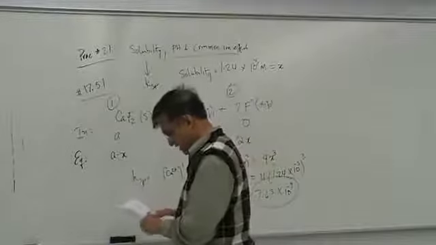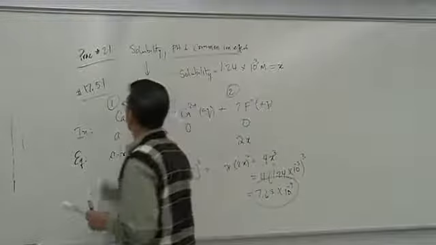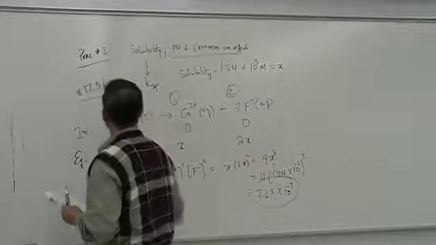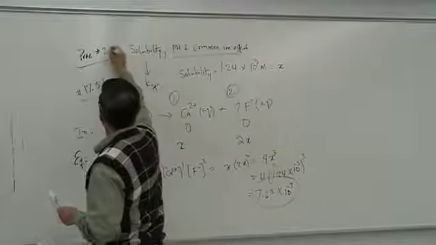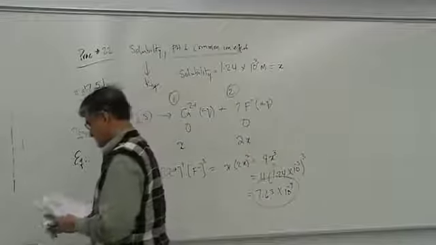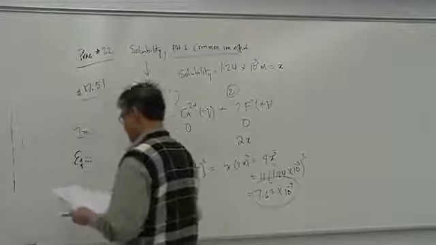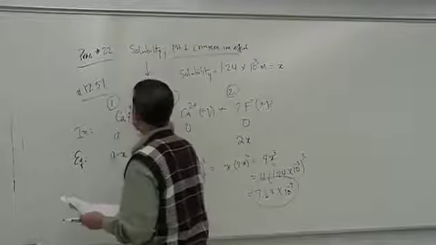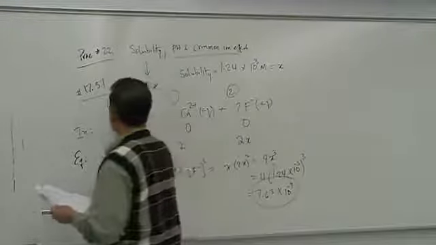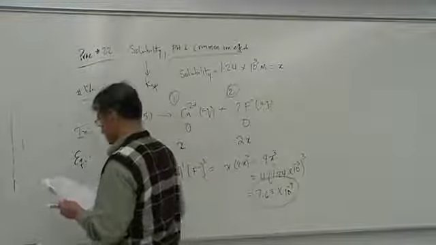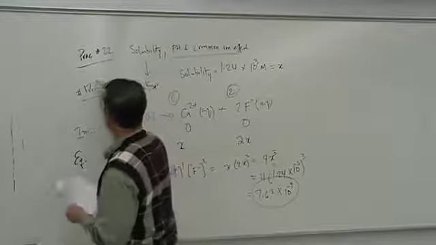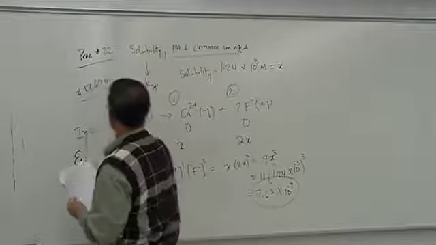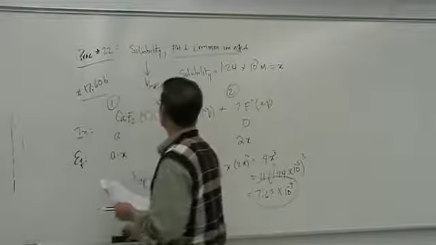Now we're going to do practice problem number 22. This is also on solubility, but here Ksp is given. And we're going to do 17.60 B, as in the 12th edition book.